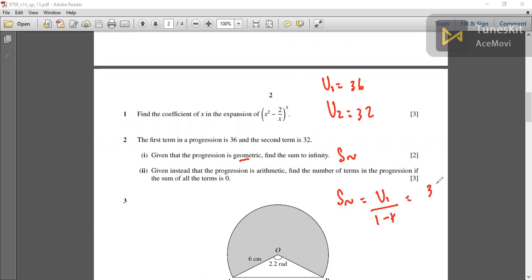Remember that the formula of the sum to infinity is u1 over 1 minus r. So we have u1 as 36, and the ratio we can find by u2 over u1. It will be 32 over 36.